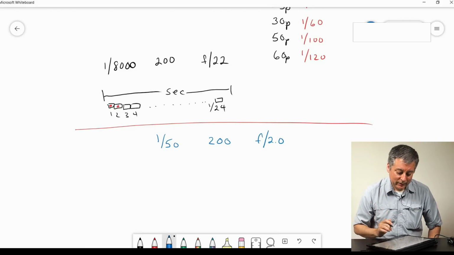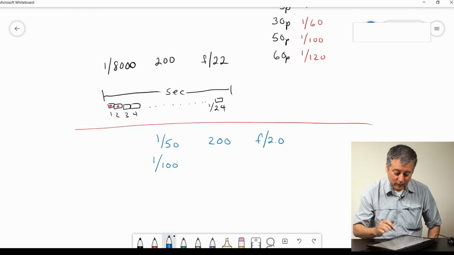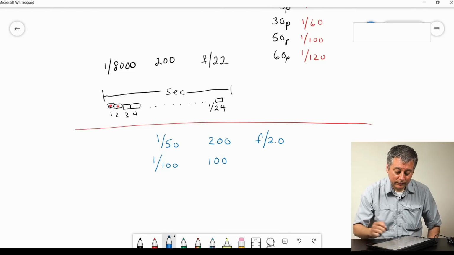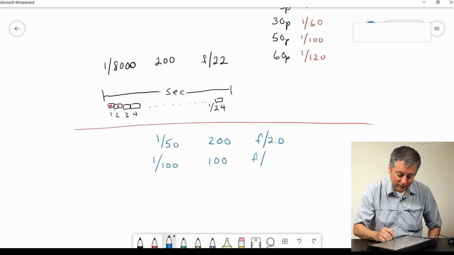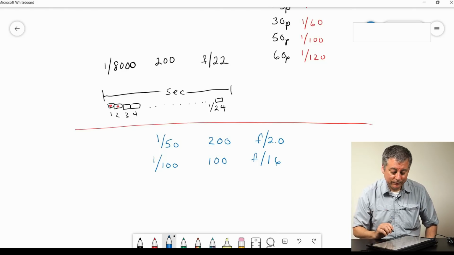And that rule tells us that the proper exposure on a sunny day is 1/100th of a second, ISO 100 at f/16. Hence the name Sunny 16.